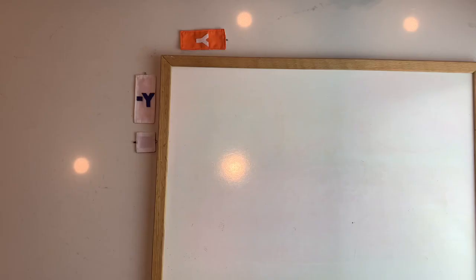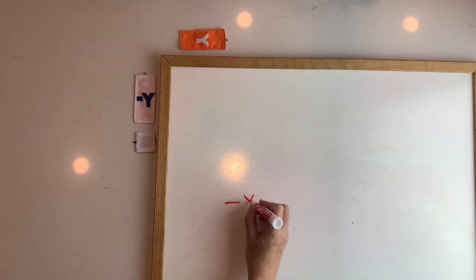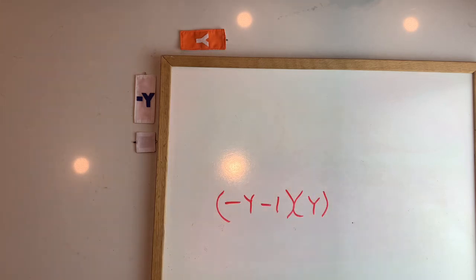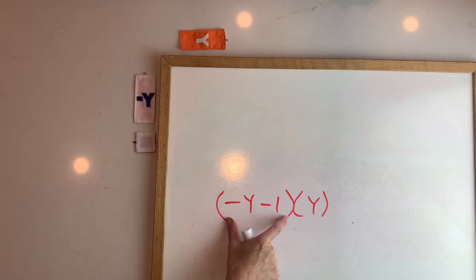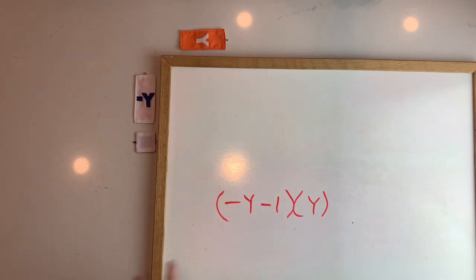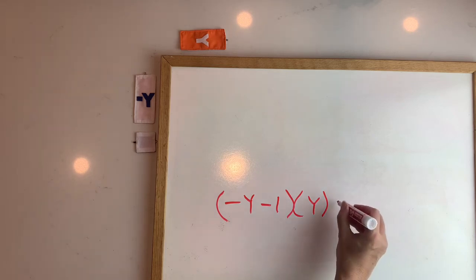What about this? Negative y minus 1 times y. Because we're multiplying, this value is being multiplied by this value. We can rearrange the order of these values and still have the same result. So we could write it this way.